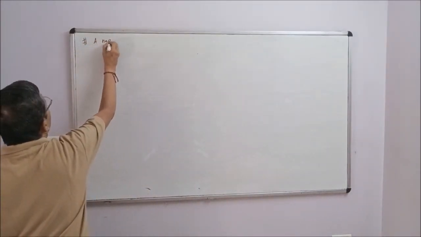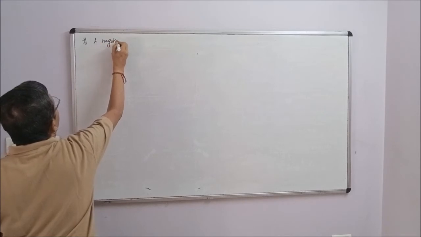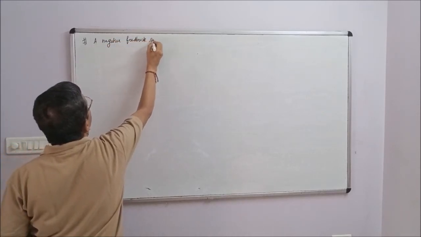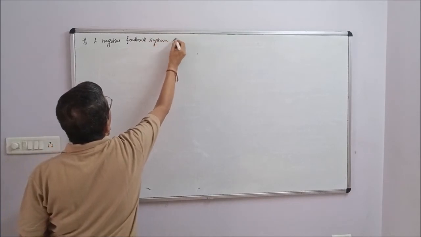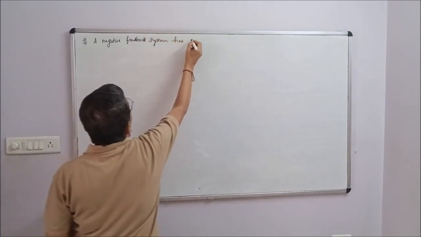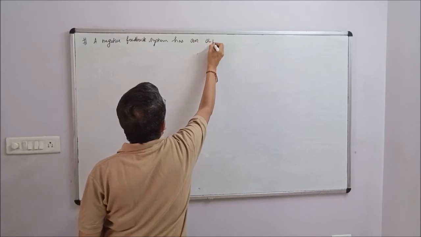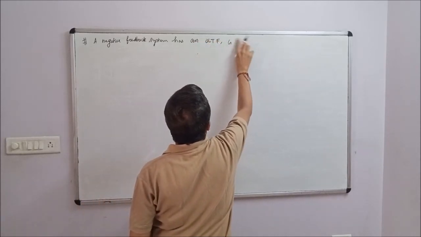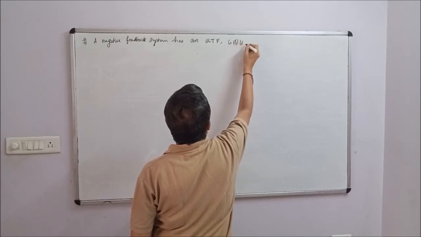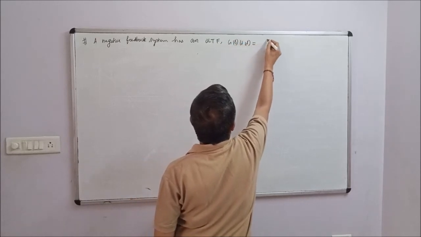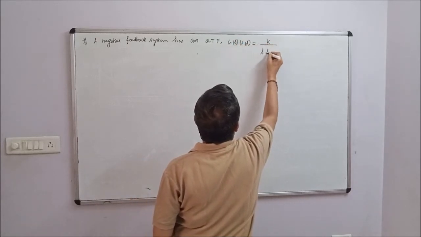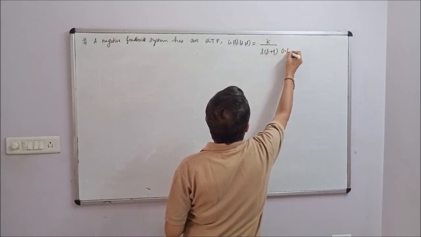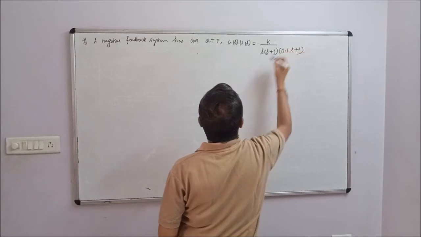A negative feedback system has an open loop transfer function G(s)H(s), which is the same as GH(s), equal to K divided by s into (s plus 1) into (0.1 s plus 1).